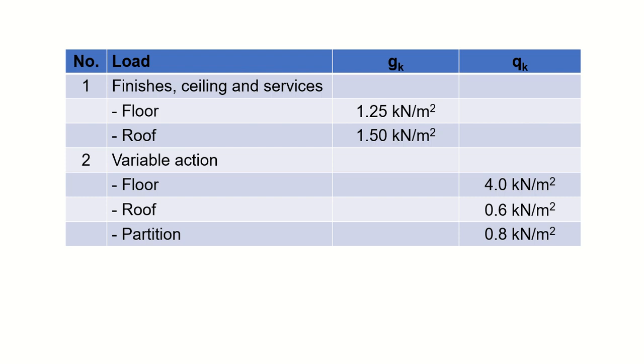The variable action is 4 kilonewton per meter square, and this partition 0.8 kilonewton per meter square. So, for roof, we're not going to add partition load because we don't have partition in the roof. But for the floor 1 to 4, we can add this partition load. So let's do that.